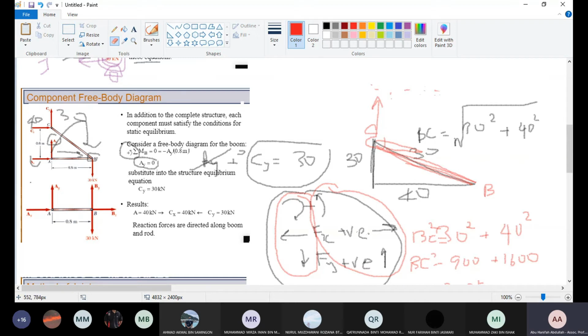This is what we got here. So CX is 40. And CY is 30. That's why we resolve it CY, CX, and then we use theorem Pythagoras. This one will be 50.